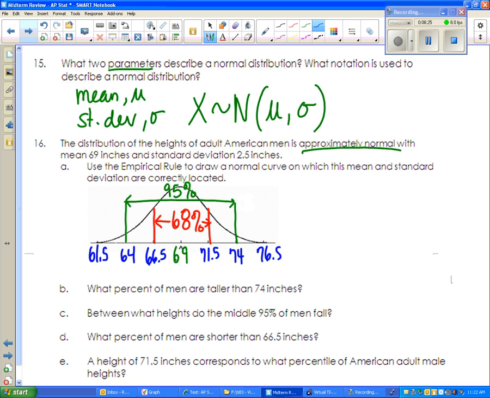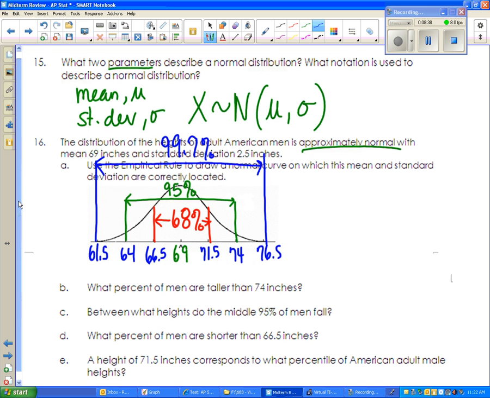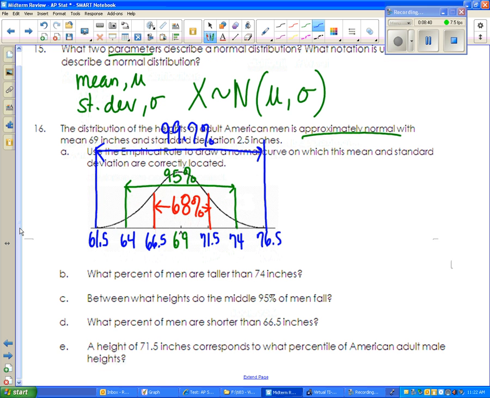And then for 3 standard deviations, we're talking about 99.7%. And so the questions that follow, you can certainly use your calculator to determine these probabilities or the percents under the curve, or you can just use the empirical rule, which was sort of the purpose of this problem.